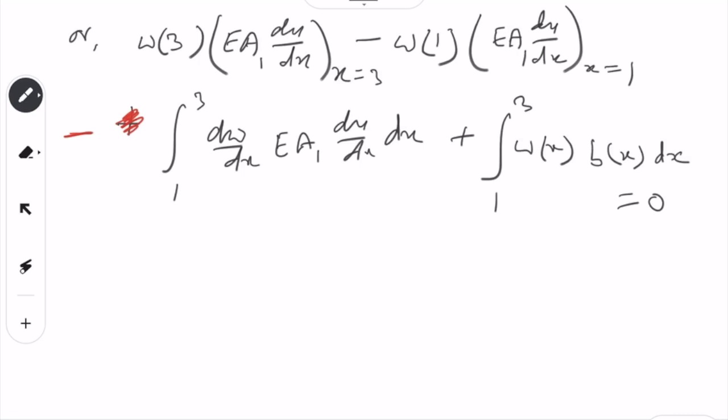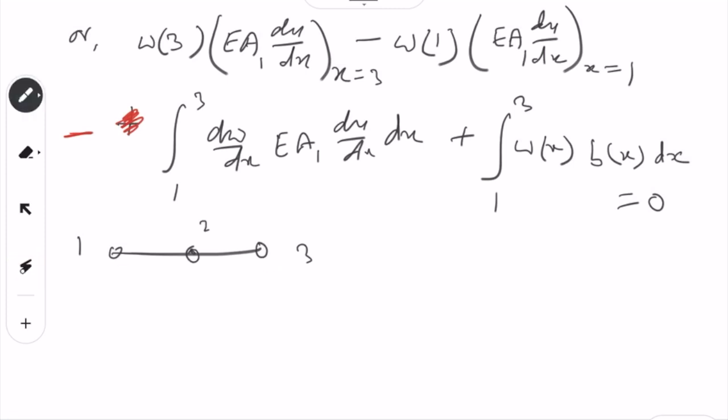Now we have to take u element which is 3-noded. So let's take 1, then 2, and then 3, and from here to here we have 2.